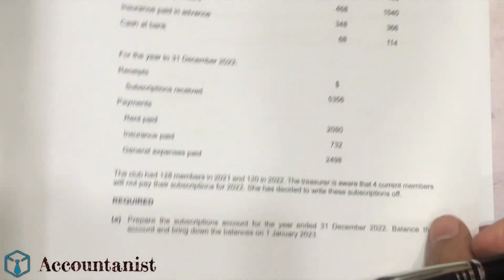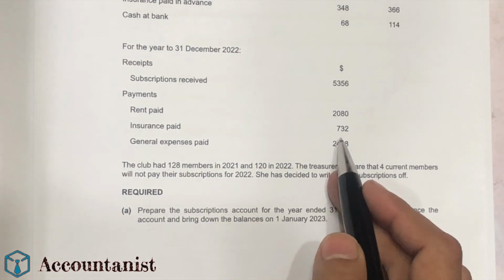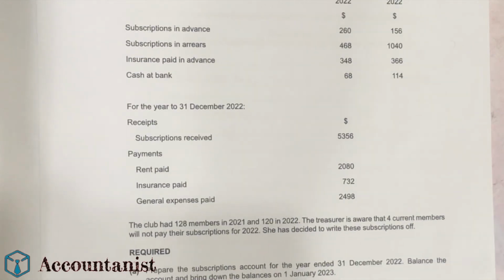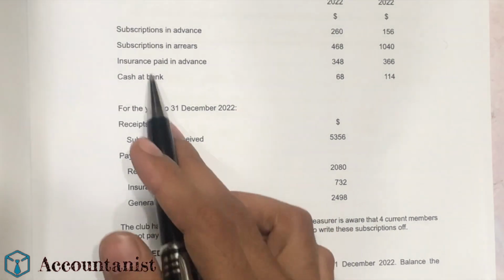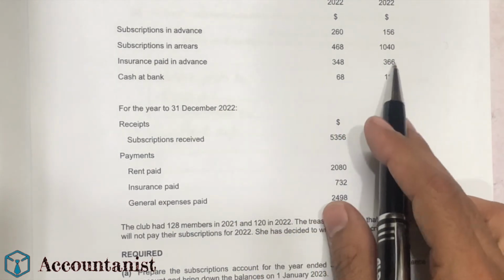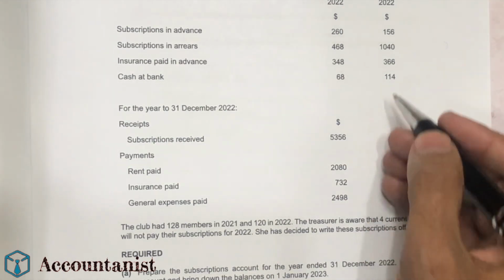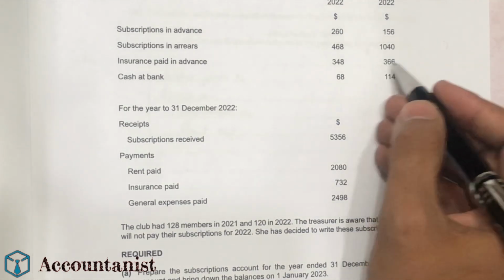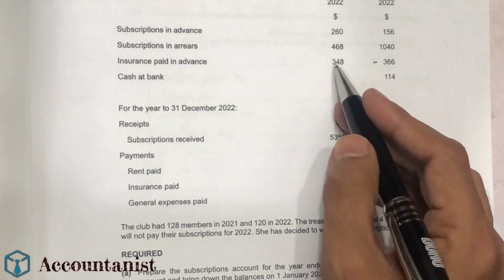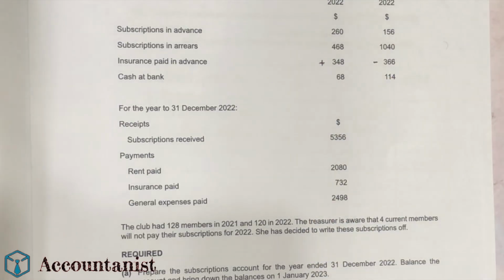And the next we have insurance paid. So insurance we have 732, and we do have some balance of insurance. So insurance paid in advance, it means it's a prepaid. So we have closing prepaid and opening prepaid. And always remember, I tell my students that prepaid is going to be deducted in the income statement, and the opening balance is going to be added because it's going to be on the opposite side.